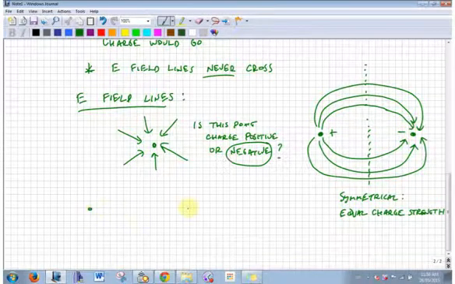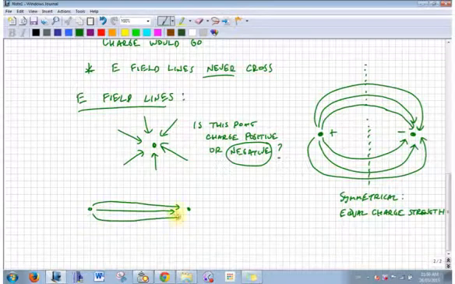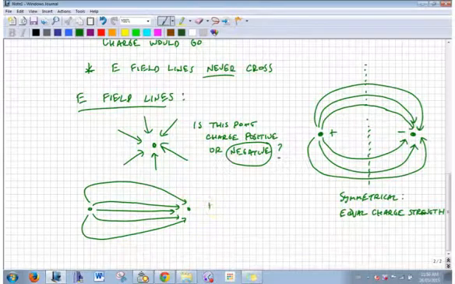Whereas if we got this, okay? Not symmetrical.